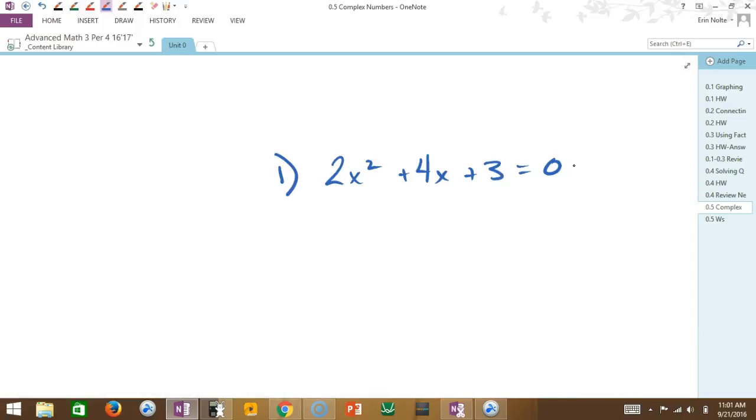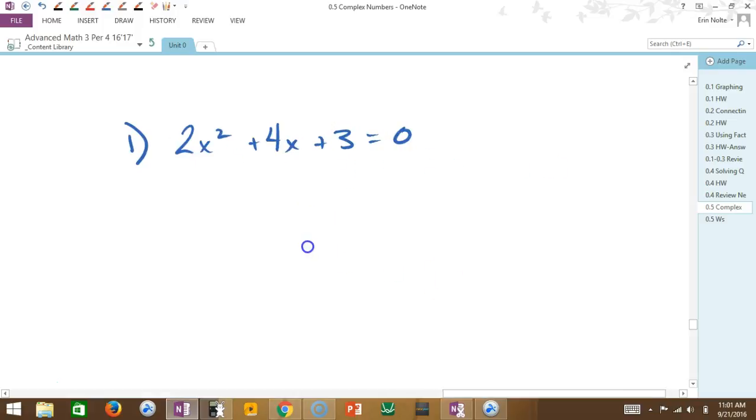I was writing, you guys couldn't see. There we go. How would you solve this? Give me a method. Quadratic formula? Or I could complete the square. Those are your two options. That's all you got. Okay, so pick one of those. Quadratic formula or completing the square. Okay, quadratic formula.